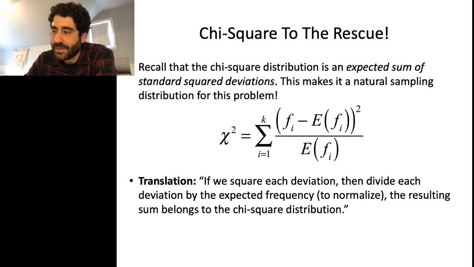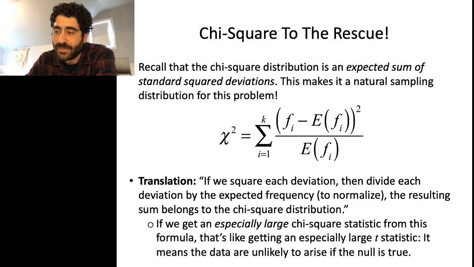If we compute the statistic in this way, then these are proper chi-squared values. That means that if the null hypothesis is true, this resulting sum is going to have a chi-squared distribution.